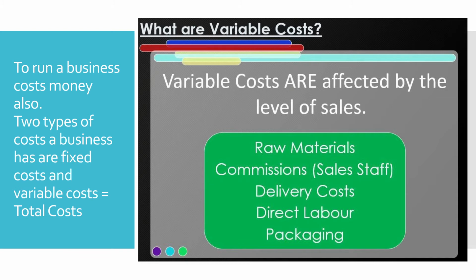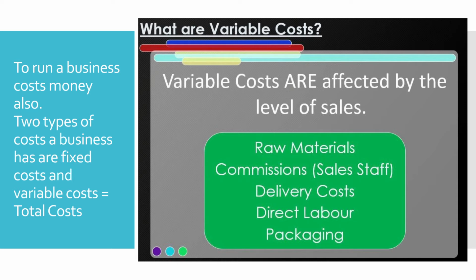Delivery costs, depending on how many units you need to get delivered. Direct labor, so if you were building a house, the more houses that you build, the more labor that you need. And packaging, the more products that you create and sell, the more packaging you need. So these are variable costs. They change depending on sales.